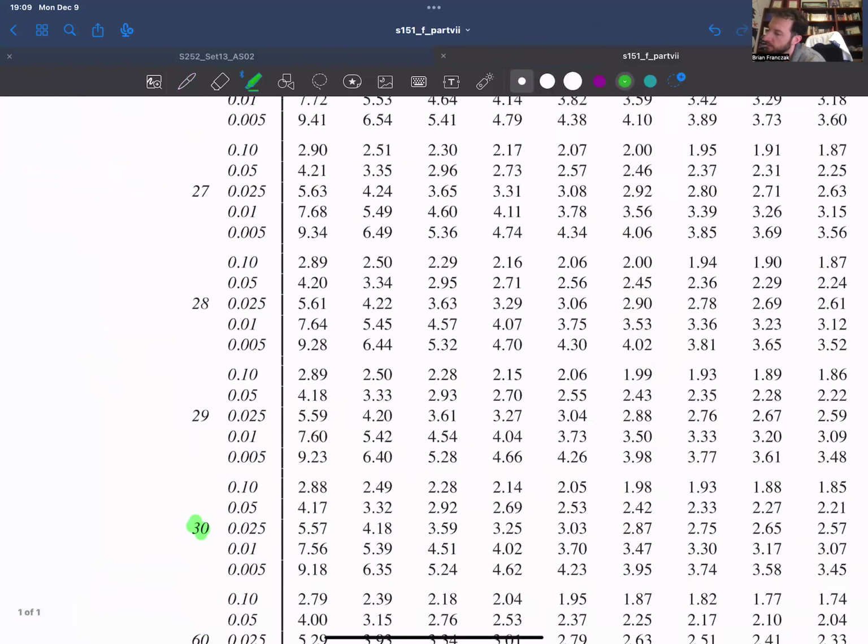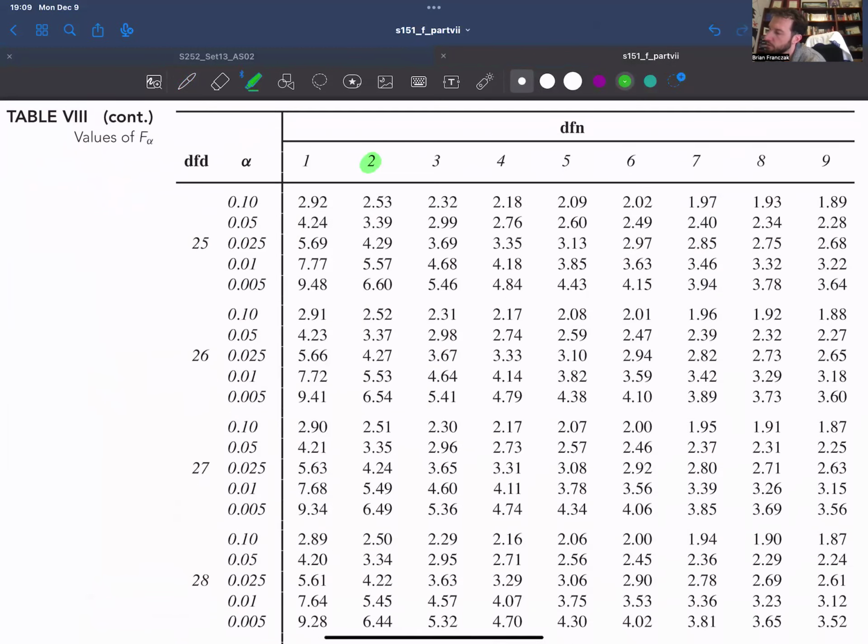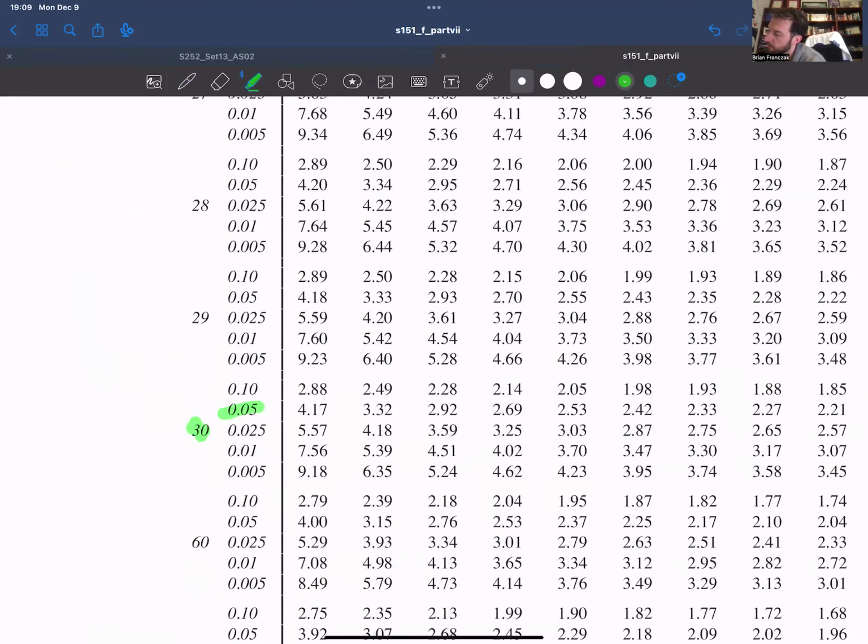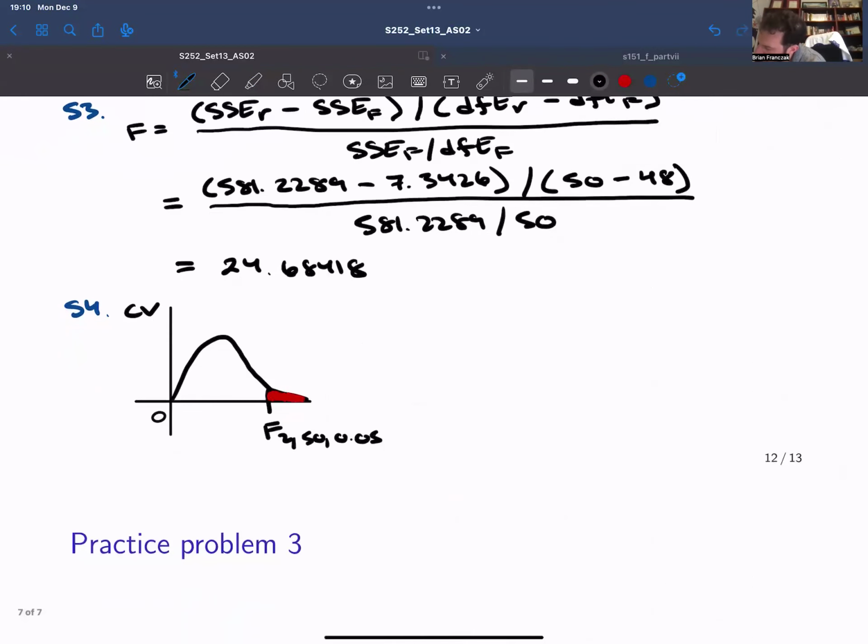We know we're going to have to use something in the 30 slot. We're going to be in the second column because we have 2. So we're at F 2, 30, 0.05, which is 3.32. Okay, so we're going to use F 2, 30, 0.05, which is 3.32. And then we can see that our test statistic again is well inside the region.